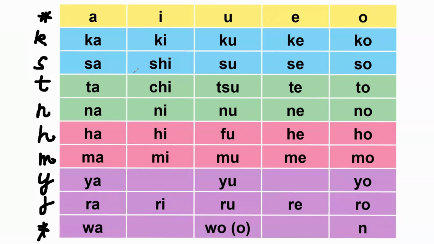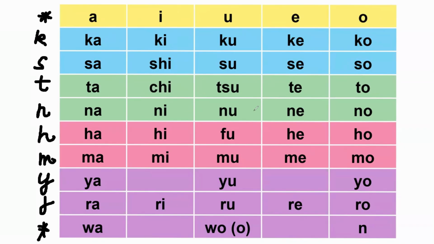I will go through all the character sounds once again for you. A, I, U, E, O. Ka, ki, ku, ke, ko. Sa, shi, su, se, so. Ta, chi, tsu, te, to.